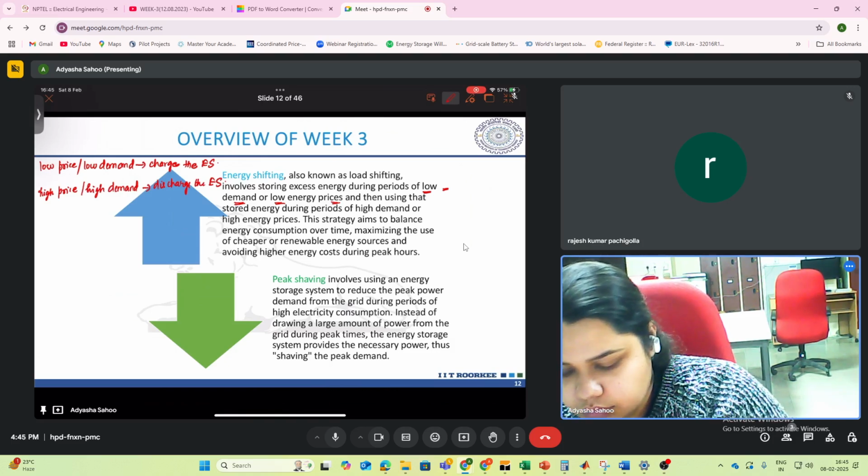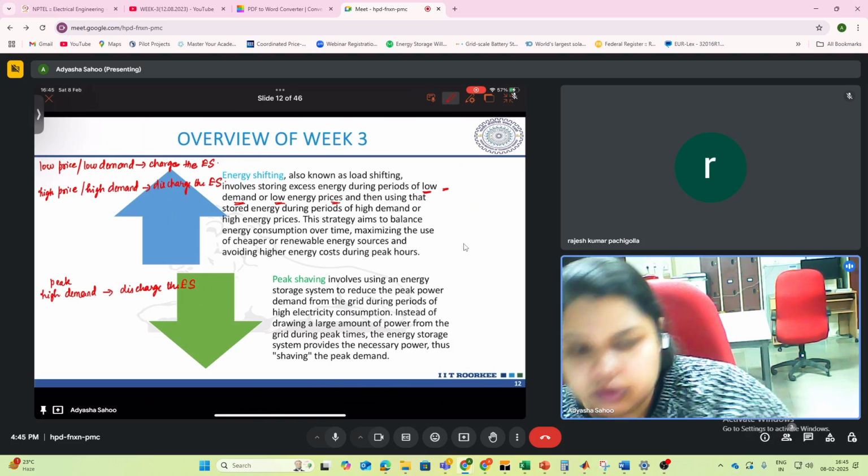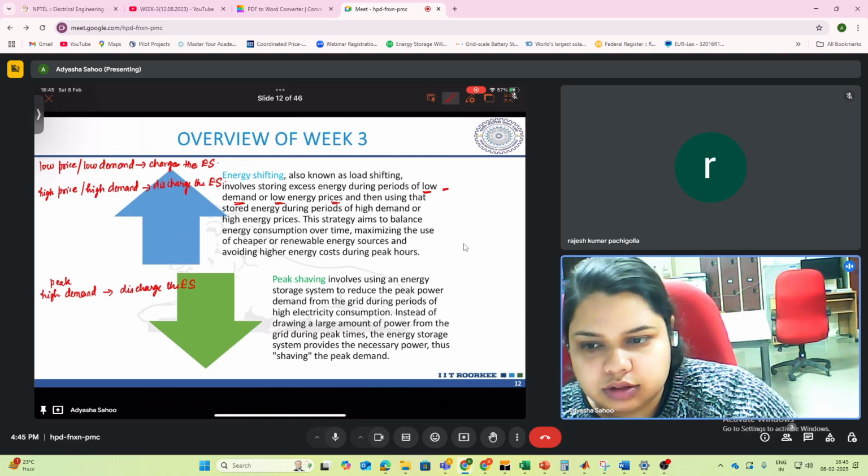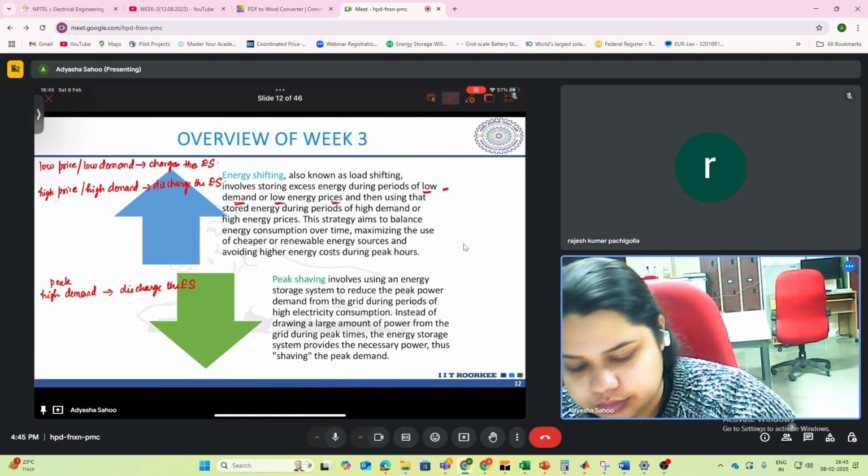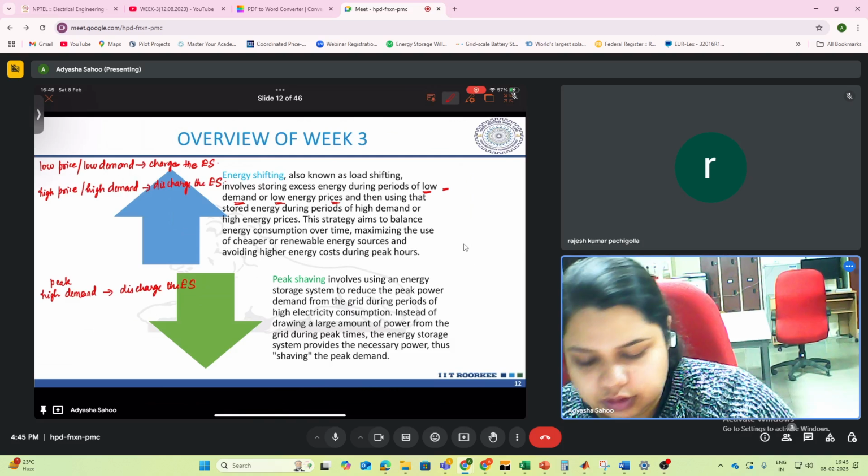So during high demand or peak demand, the storage can discharge to provide the power to the peak demand of the system, and that is the peak shaving.